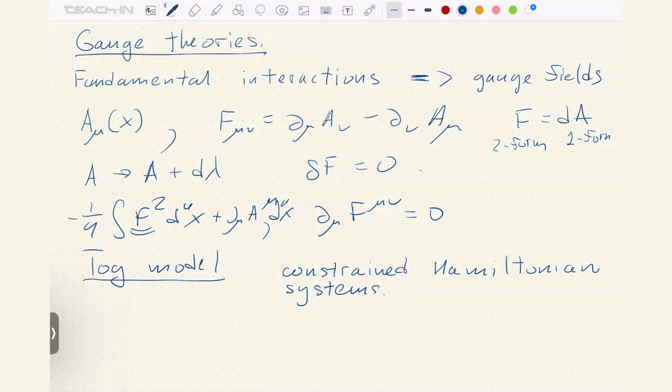Just to give you an idea what kind of meaningful physical systems belong to this class, let's consider, for instance, the relativistic particle.